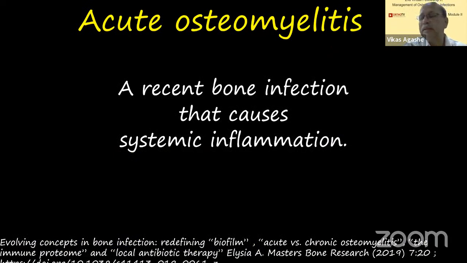We have been talking of acute and chronic osteomyelitis. Acute osteomyelitis is a recent infection that causes systemic inflammation. That means the patient generally has fever, severe pain, raised counts, raised ESR or CRP, which suggests that there is a systemic infection.